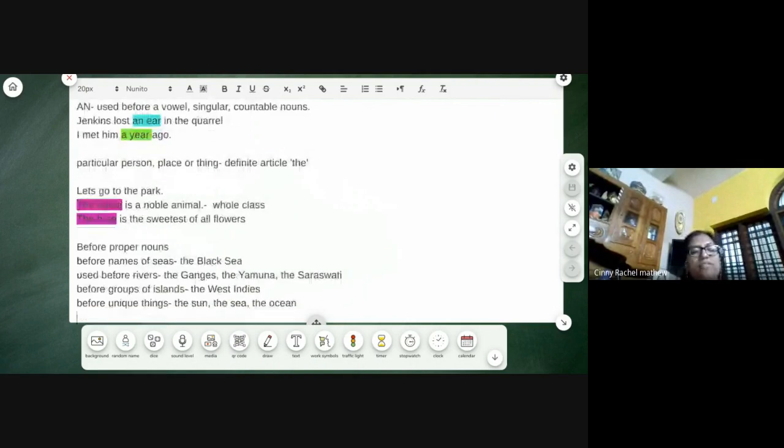You can have the used before proper nouns. Before proper nouns, meaning names.